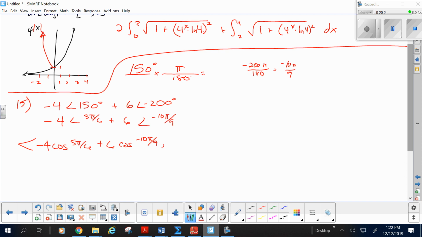For the horizontal component to each vector. Then the vertical is the same, negative 4 sine of 5 pi over 6 plus 6 sine of negative 10 pi over 9.